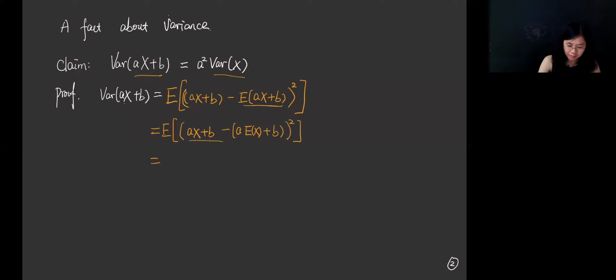Now, inside this bracket, we have ax plus b minus a times E of x plus b. The b cancels out, and the a factors out. So therefore, that equals a times x minus E of x, squared.